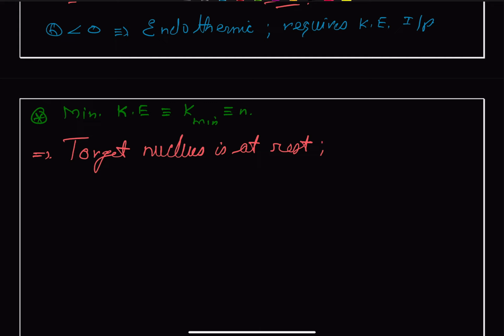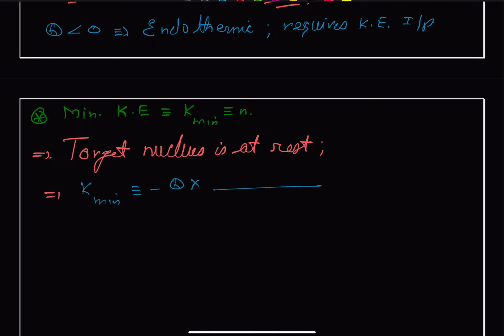So our K minimum will be equal to minus Q multiplied by our mass of the projectile. In this case it is alpha particle.